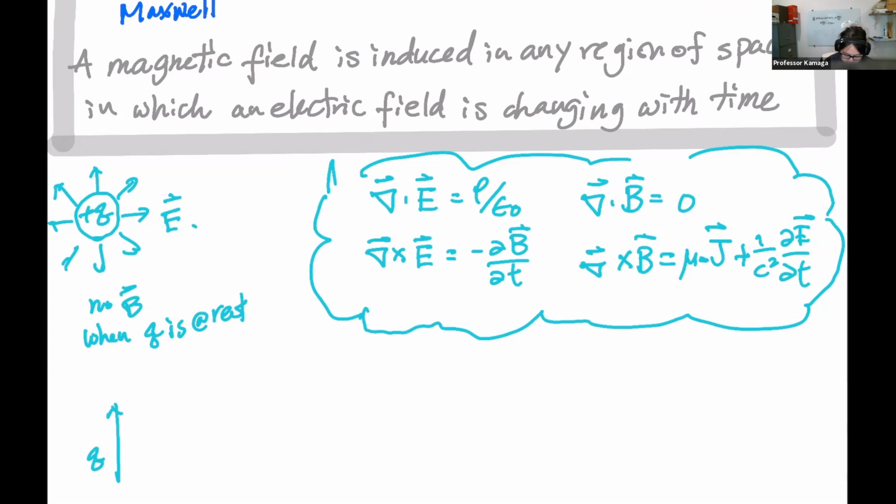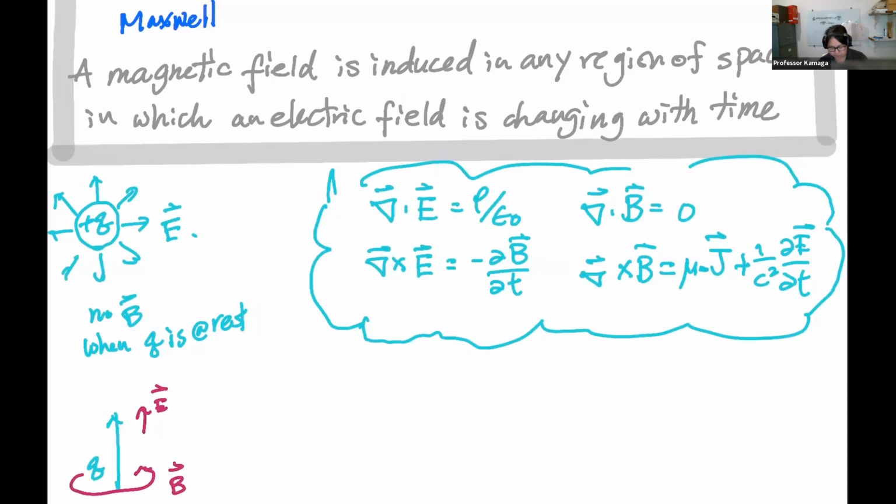If it's moving, then you have an electric field and also a magnetic field. So that's what it means by a moving electron. Mu naught J is the moving current, all that kind of stuff. No magnetic field when at rest, and a moving charge means both electric field and magnetic field.